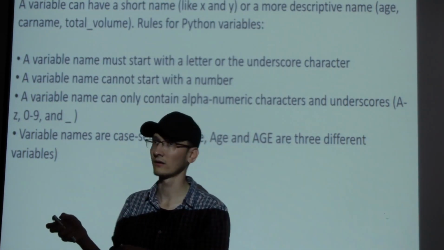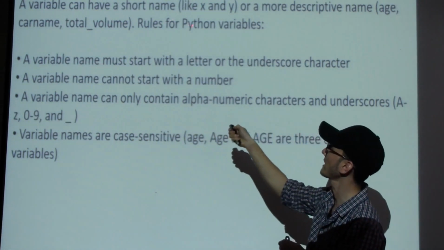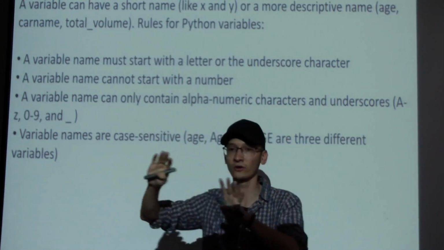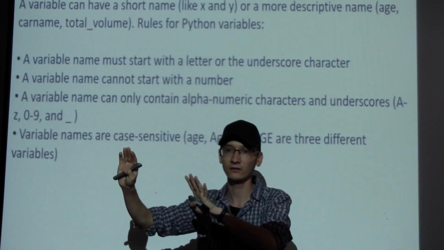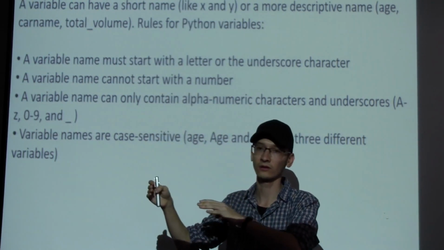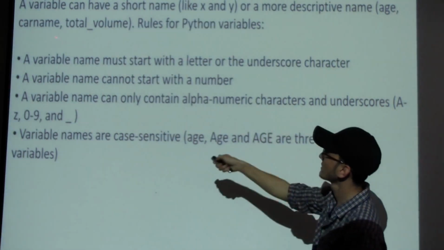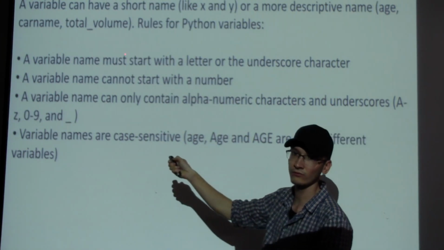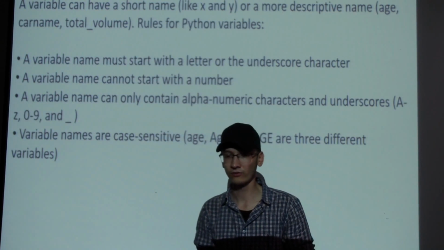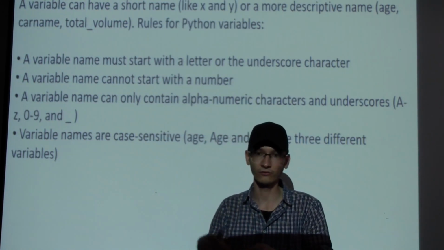For example, a variable can have a short name like x and y, or a more descriptive name: age, car name, total volume. Descriptive names should refer to your variable.